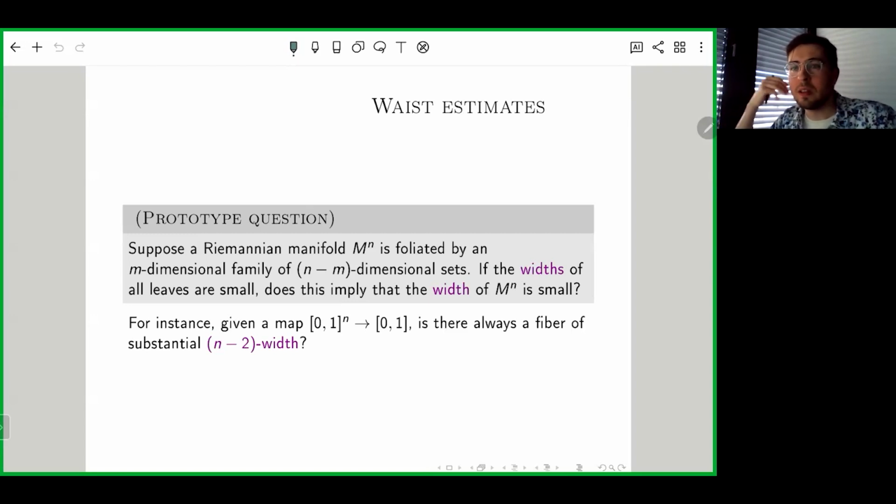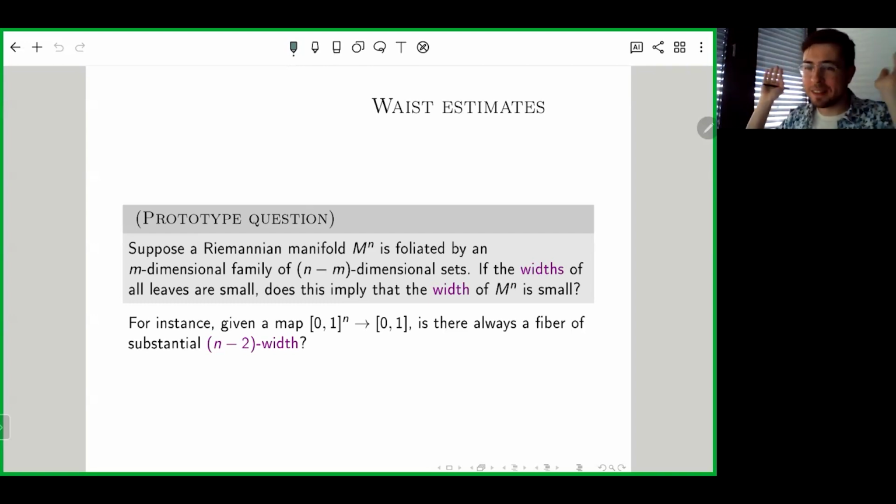So even in the case when I start with a usual Euclidean unit cube and I slice it using some one-dimensional family of n minus one-dimensional entities, this is very much not clear, but I'm going to explain in the sequel what happens. I formulated the question because the answers will be mostly no, sometimes yes under additional assumptions, but this is the main question.